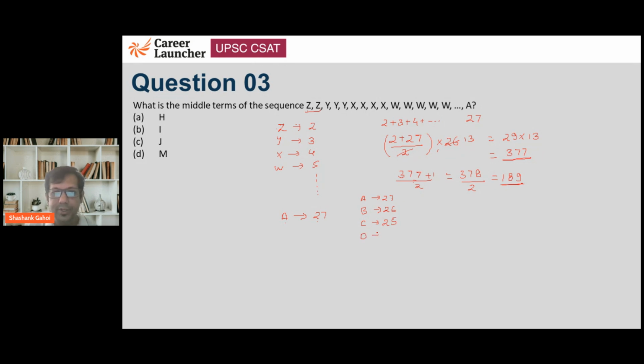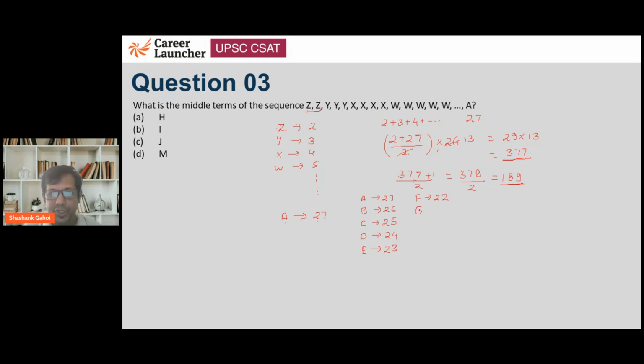D goes 24 times. Total sum comes out to be 102. Okay. Now E goes 23 times. So it is going to be 125 terms. Okay. Now F goes 22 times. So it is going to be 147 terms.